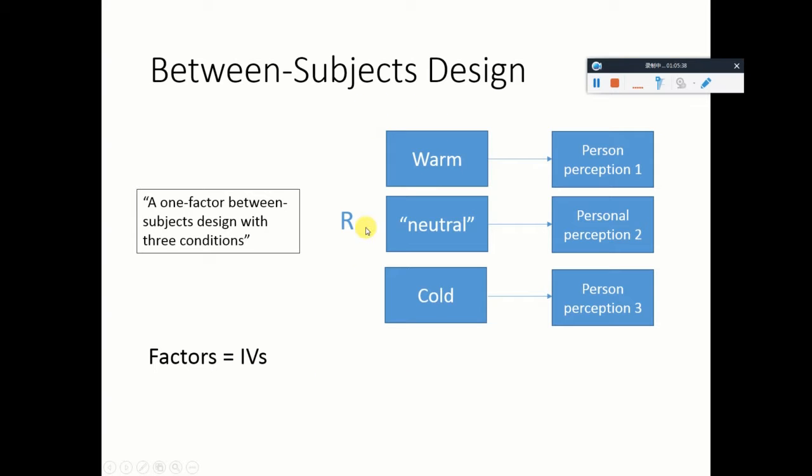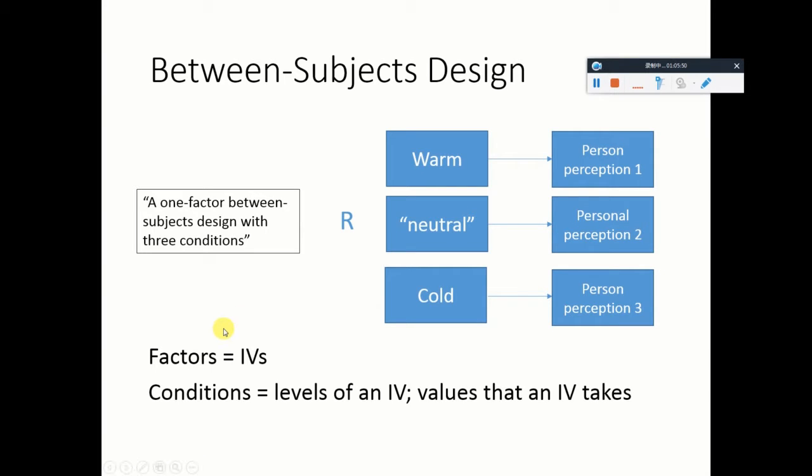We have one independent variable here with three conditions. That's why we call it a one factor design with three conditions. Conditions equal the levels of the IV. In this case, the independent variable, or factor, interpersonal warmth, takes three values: warm, neutral, cold.